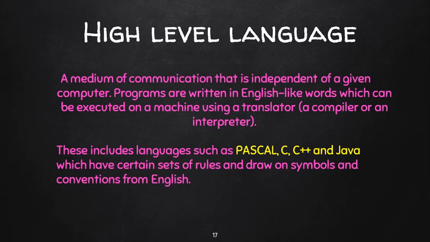Programmers can write programs in assembly language using these words. Now, because an assembly language is specific to a given machine, programs written in assembly language are not transferable from one machine to another machine.